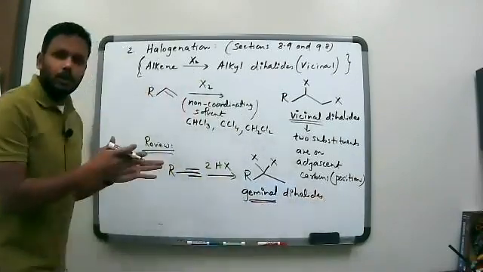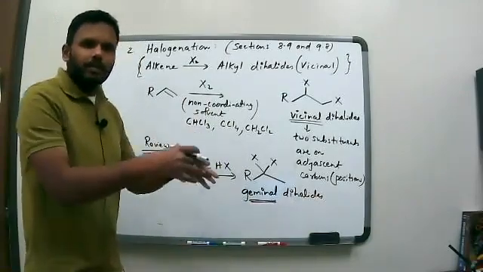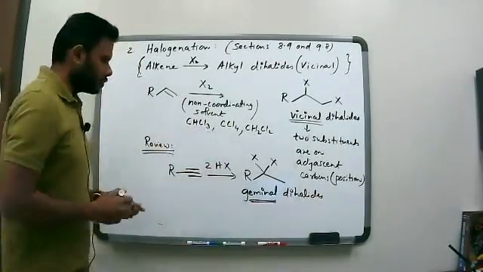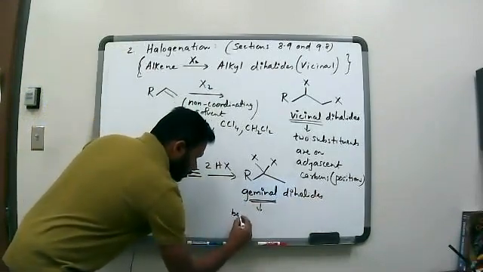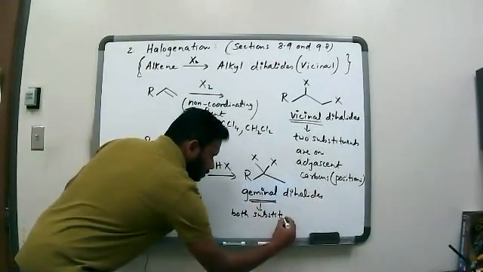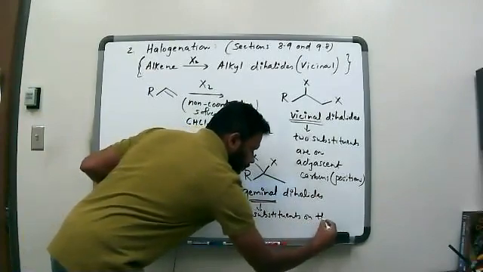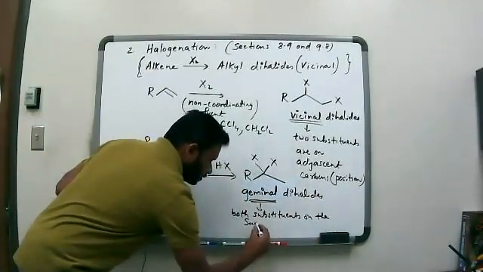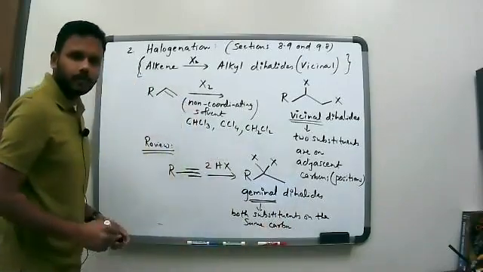So it is not restricted to halogens. It is basically open for any substitution pattern. So geminal is both substituents on the same carbon, okay?